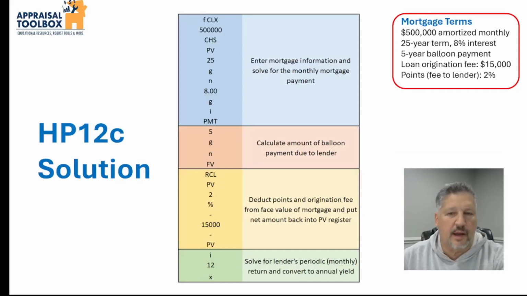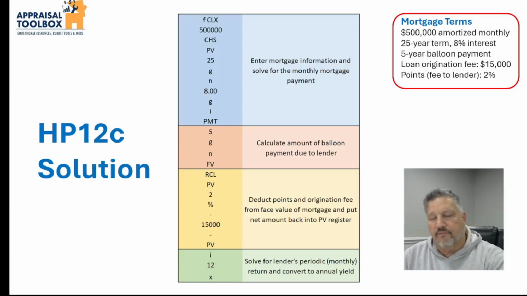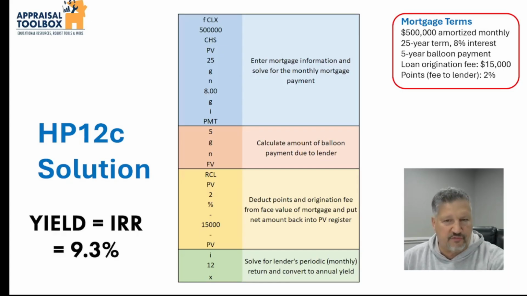On the screen now are the keystrokes for the HP12C, and if you were to enter the keystrokes for the mortgage information, for the balloon payment, and for the fees and points that are paid, you can solve for the internal rate of return, which in this case, for this example, is 9.3%.